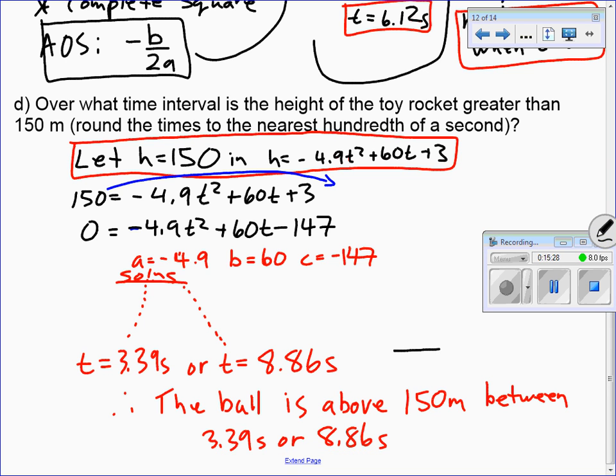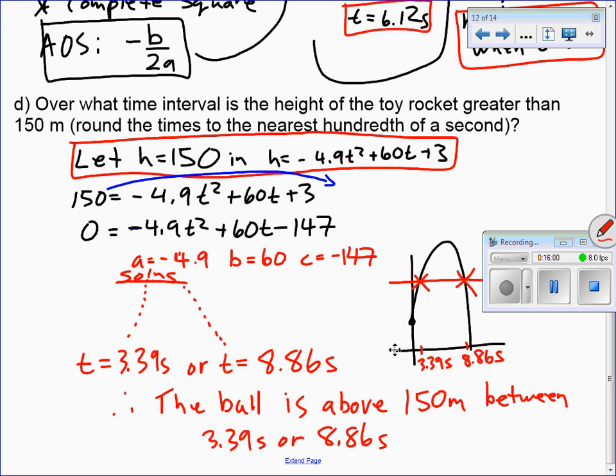Your parabola starts at 3 meters above the ground. It reaches a maximum and then comes back down. And what we have here is points between here and here. And these two values of t are going to be down here, which is 3.39 seconds and 8.86 seconds.